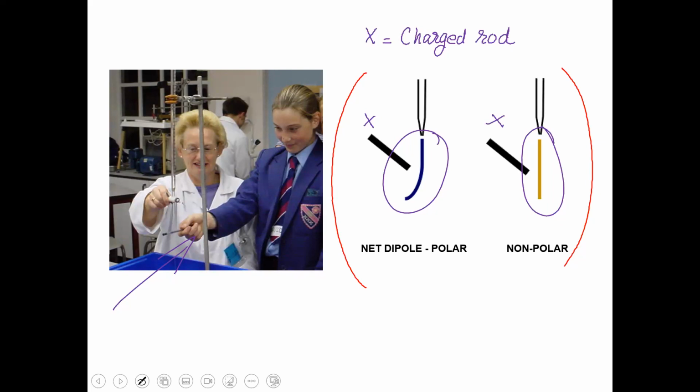Yes, a non-polar liquid will fall undeflected.